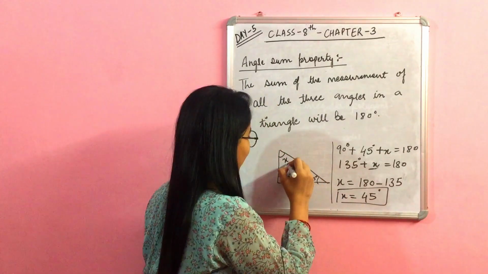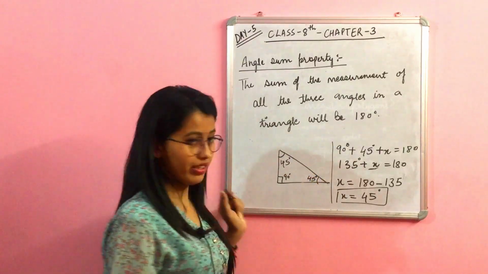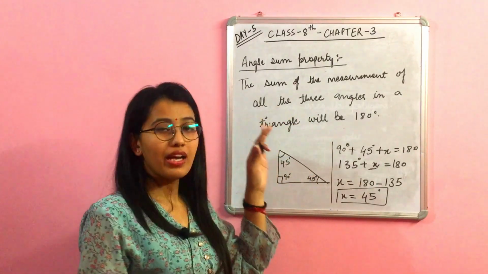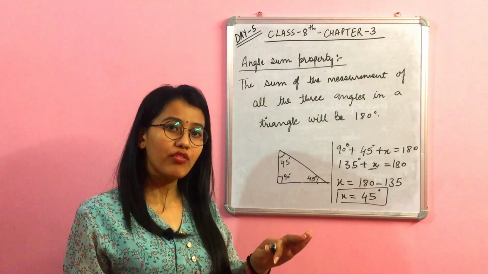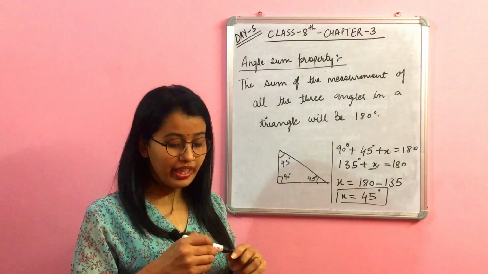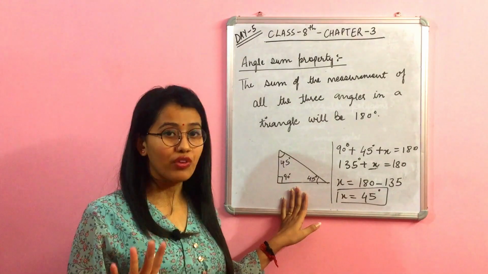So we can say that this angle x is equal to 45 degrees. This is how we can find the angle of a triangle, but this is true if we are having two values.